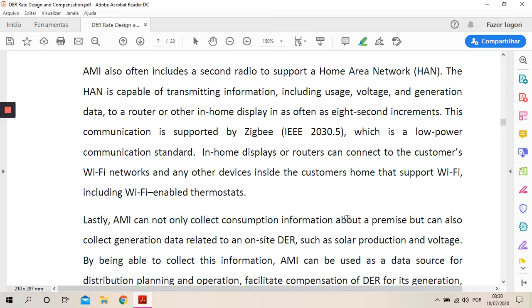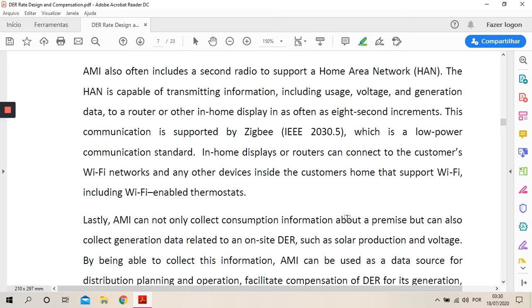AMI also often includes a second radio to support a home area network. The HAN is capable of transmitting information including usage, voltage, and generation data to a router or other in-home display in as often as 8-second increments.